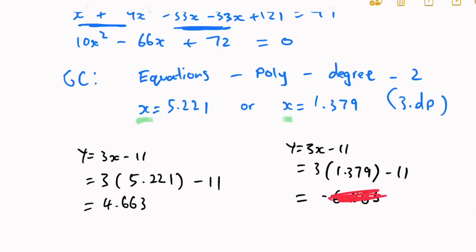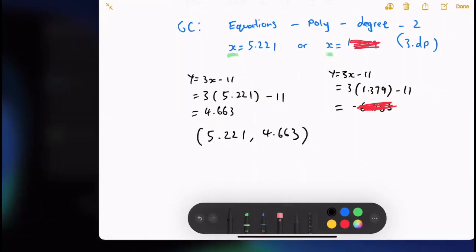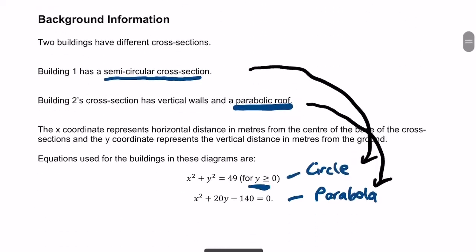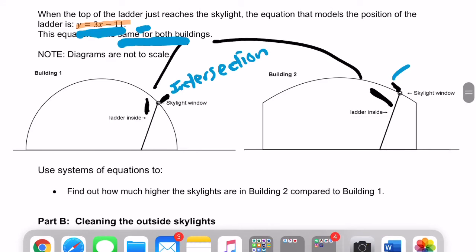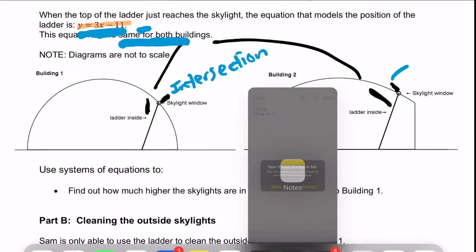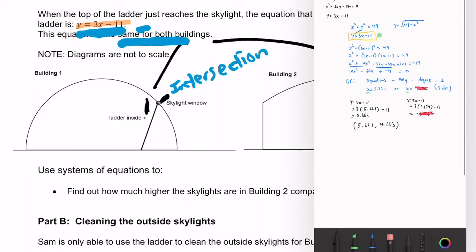And the 1.379 gives us the other one, or the coordinate for this one is 5.221, 4.663. So that should be the correct coordinate. The 5.221 and the 4.663 is the point here.